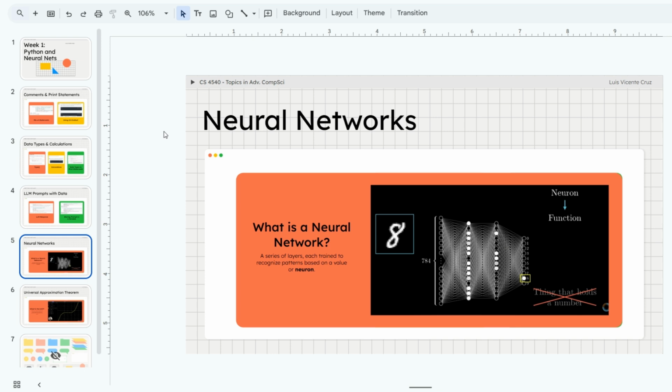So, given an input like a picture, each pixel in the picture acts as a neuron, acts as something that holds a value, right? And when you're given all of those neurons, the layers within a neural network will recognize each pixel as being part of a pattern.